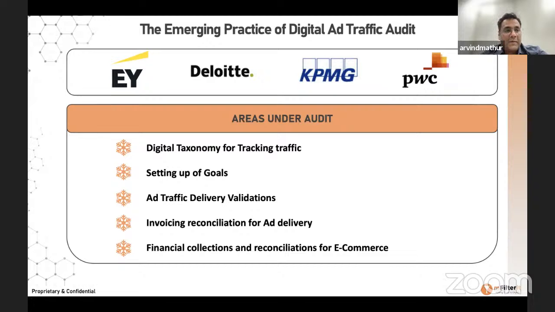Surprisingly, more than 60% of the orders that were generated online on the CRM were not even realized by their financial audit teams, which means that the collections never happened for those orders, but the orders were punched into the CRM. And on that basis, their marketing teams made the payouts without having a financial reconciliation in place.